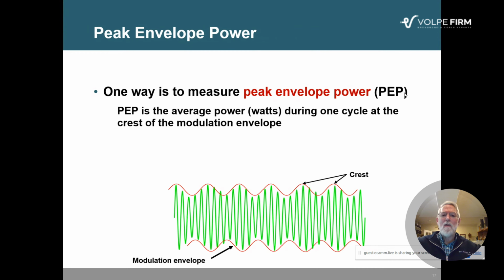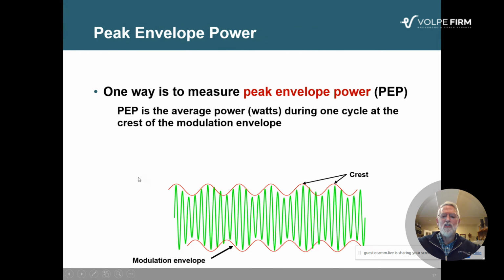So peak envelope power, by definition, is the average power in watts during one cycle at the crest of the modulation envelope. So let's look at this amplitude modulated waveform, and we can see that the envelope is highlighted by this red line.